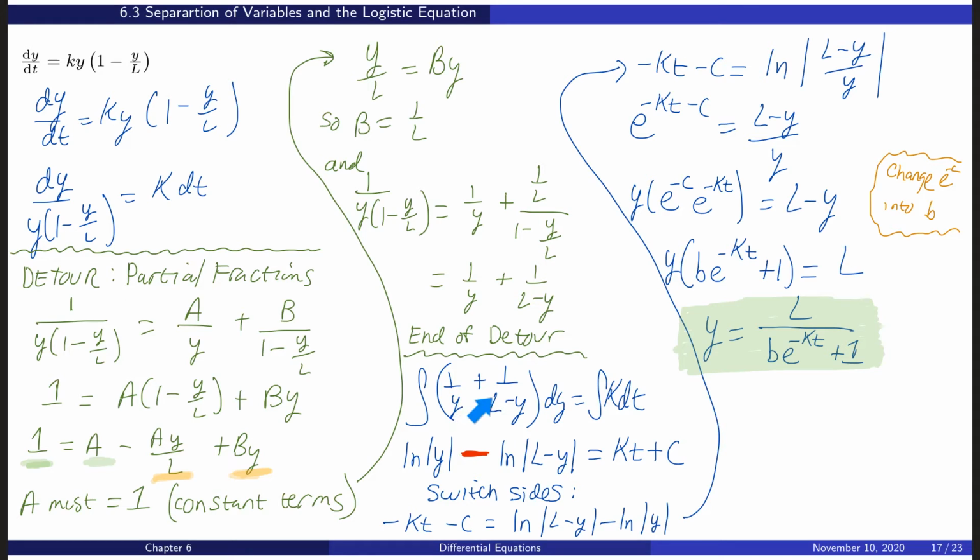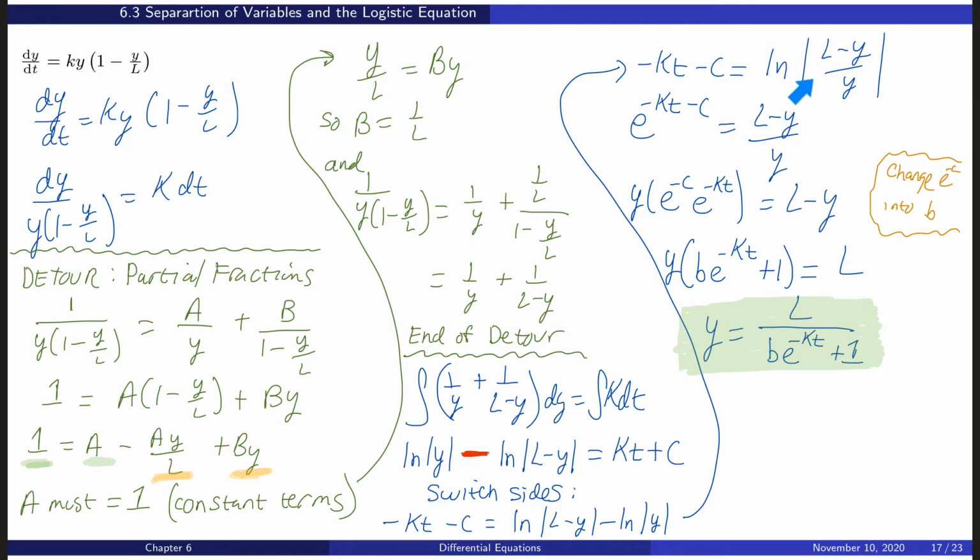One step that people tend to forget is that because this y is negative, we need to factor that in and make this separator here between the two natural log statements a negative. Okay. Now, for reasons that'll become clear in a second, we're going to switch sides for both of these things. So kt plus c is going to move to the left side and become negative. These are going to switch to the right side and exchange places. So now I have the natural log of L minus y minus the natural log of y.